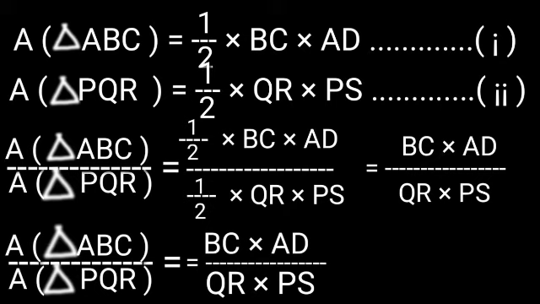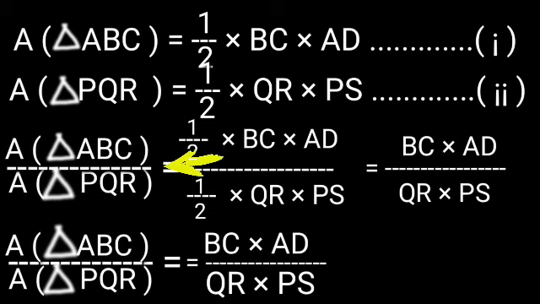In this figure, area of triangle ABC is equal to 1/2 into base BC into height AD. This is our first equation. In triangle PQR, area of triangle PQR is equal to 1/2 into base QR into height PS. This is our second equation.